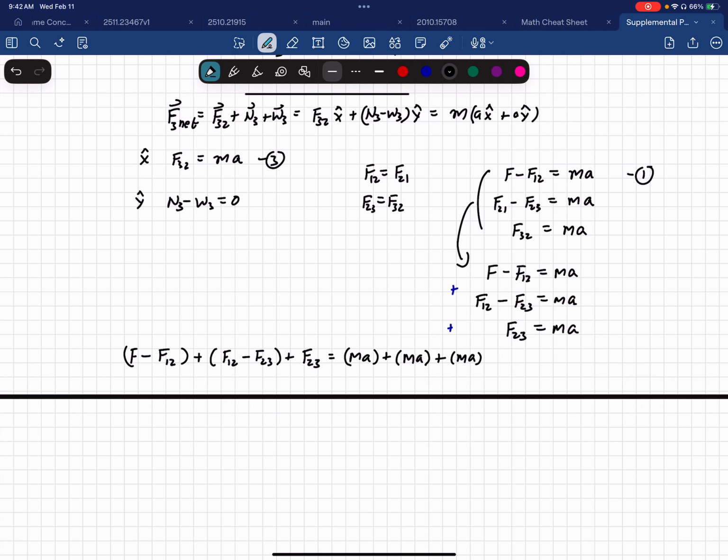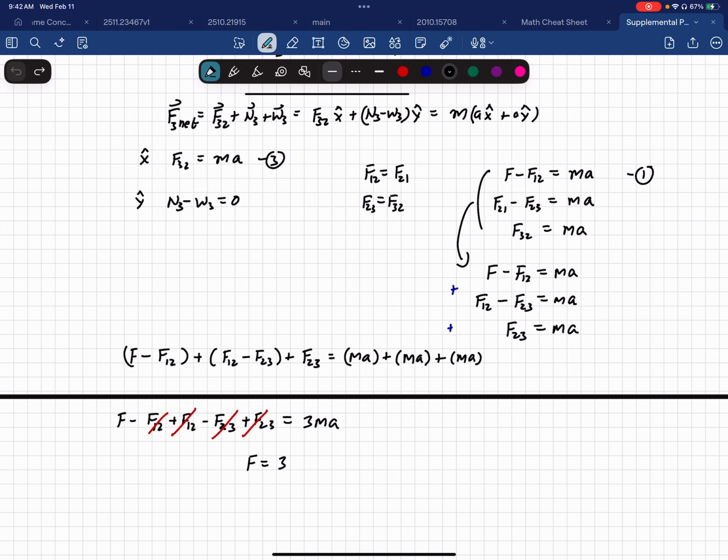Good. Now, if you open up the brackets, or in your case, parentheses, you can see everything cancels out beautifully. Now the force comes out to be this, and the acceleration is this.